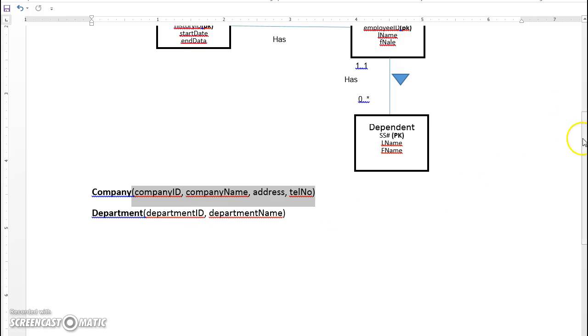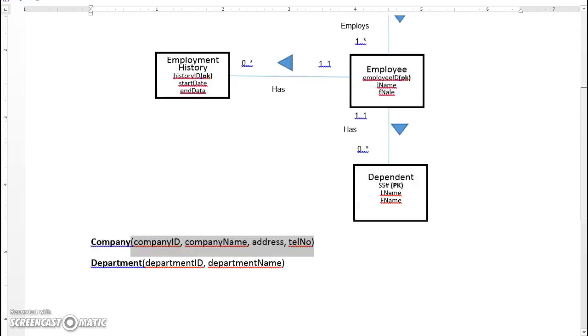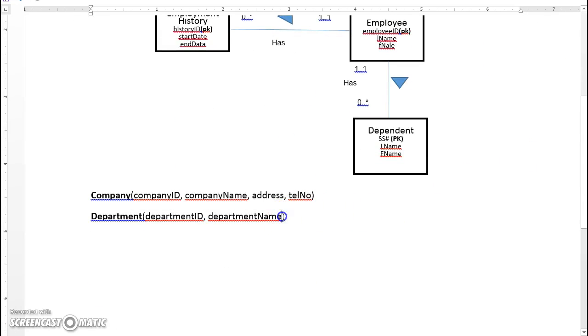Now, don't forget, according to the website, the conversion algorithm says the four side is the many side. So in one to many, department is many, because this four stands for many. So in the department side, I got to add a primary key, which is company ID, and then I make it a foreign key.